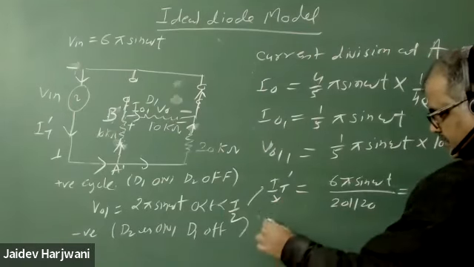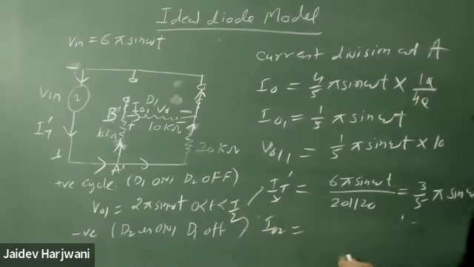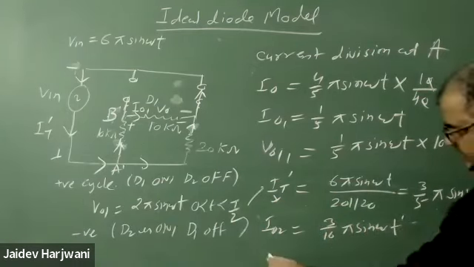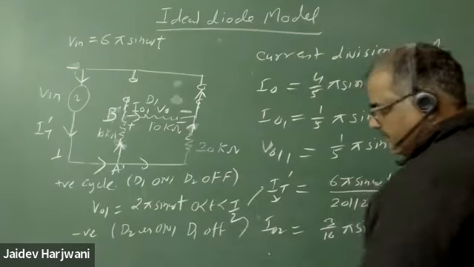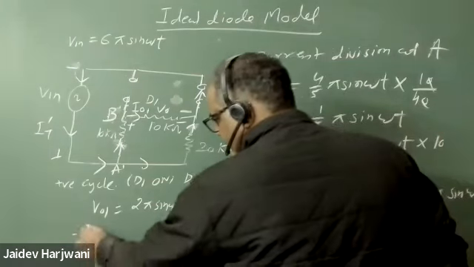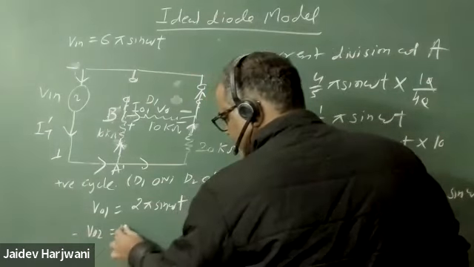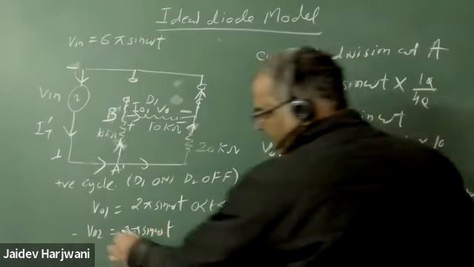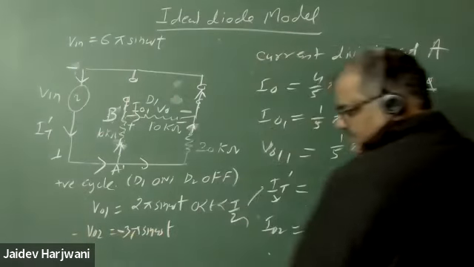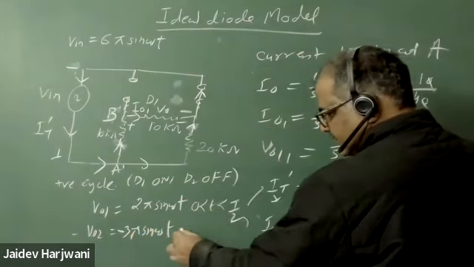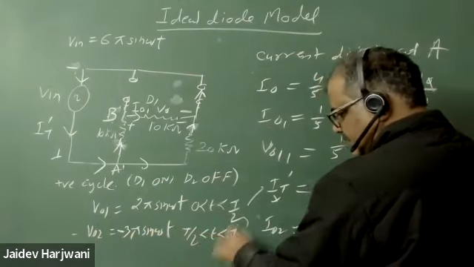So I naught 2 will be 3 by 10 pi sine omega t by current division, and V naught 2 is 3 pi sine omega t. Let me write minus here because both are in the same direction. I'm changing the period, so this will be T by 2 to T.